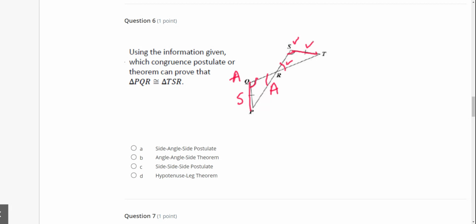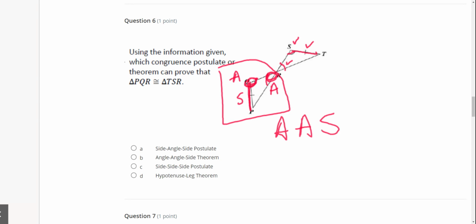So what do I have marked in this one triangle? If I go around the perimeter, I've got an angle and then another angle and then a side that does not connect them. So what's the best answer choice? A, B, C, or D?